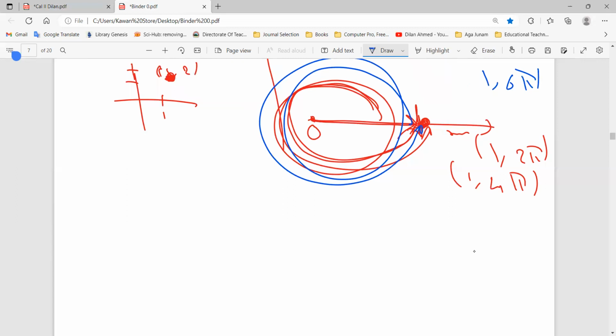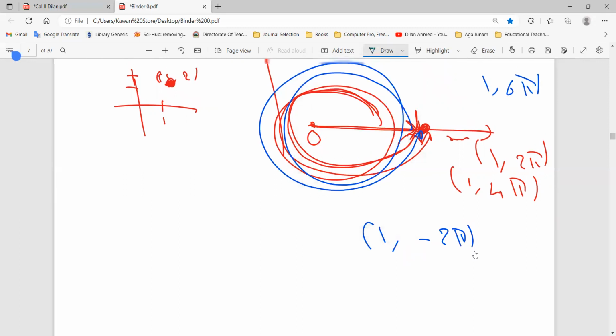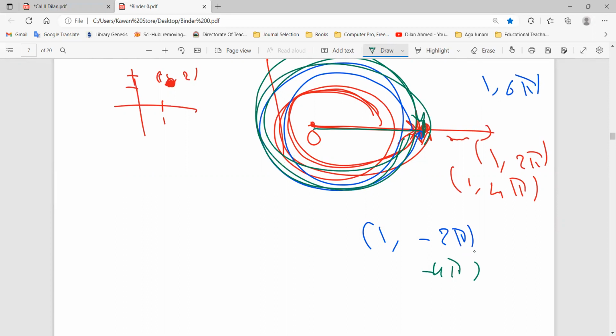How about if I say (1, minus 2 pi)? Look, minus 2 pi is in the clockwise direction. So I'm going to use the green one. I go here with 1 unit, and again I get the same location. How about minus 4 pi? Again and again, the same. And we know that the point in polar is not unique.